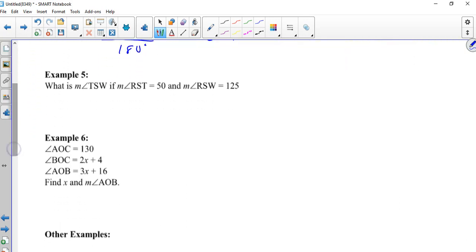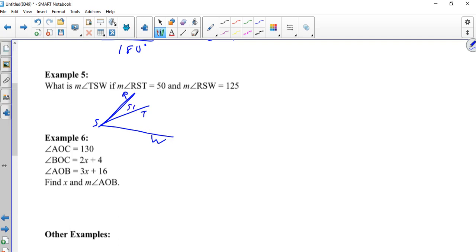Example 5. What is the measure of TSW if RST is 50 and RSW is 125? So the bigger angle, RSW, is 125 degrees. If RST is only 50, then that means T must be inside.